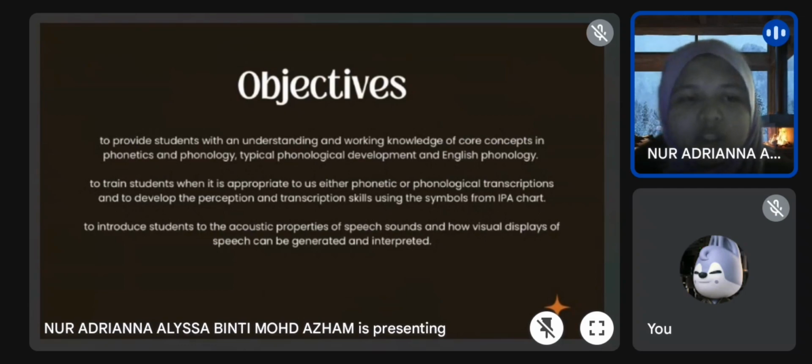The next one is to train students when it is appropriate to use either phonetic or phonological transcriptions and to develop the perception and transcription skills using the symbols from the IPA chart. The last one is to introduce students to the acoustic properties of speech sounds and how visual displays of speech can be generated and also interpreted.